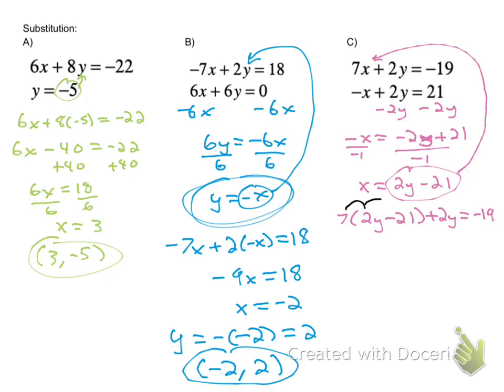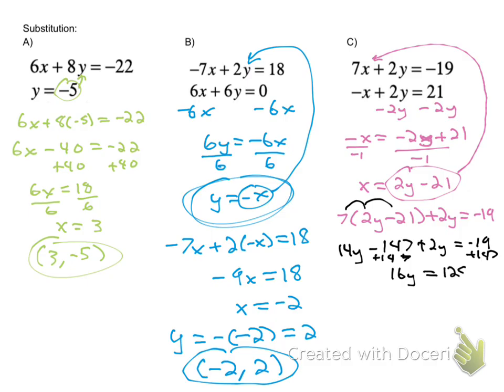And you can distribute that 7. 14y minus 147 plus 2y equals -19. So it'll give me 16y equals, add 147. That gives me -19.